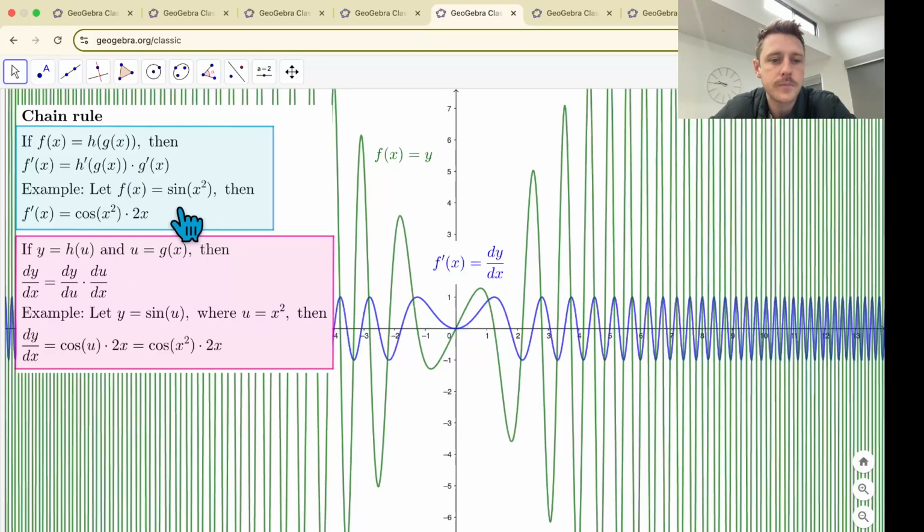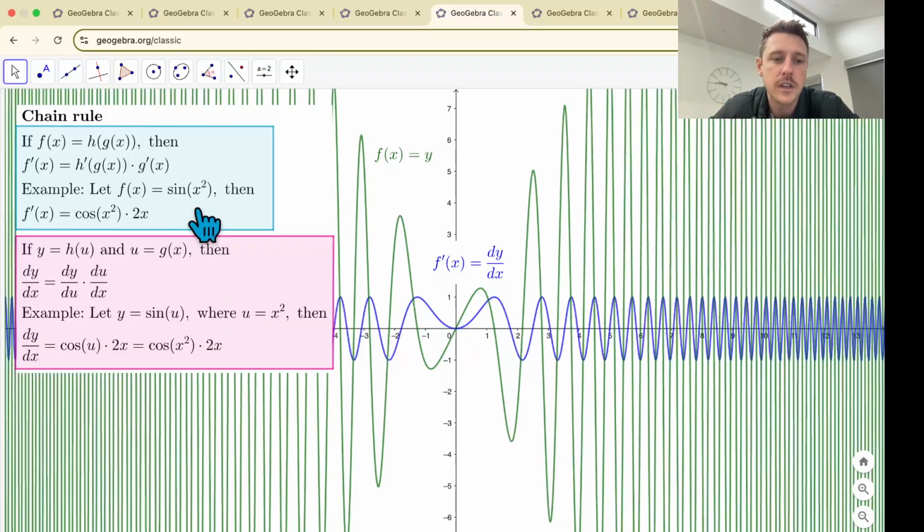Maybe an example will help. So if we look at f of x equals sine x squared, you can see that x squared is the inner function, g of x, and the outer function is sine of x. You've got this nesting, like Russian dolls here. So the first part says take the derivative of sine as if x squared was just a single variable.